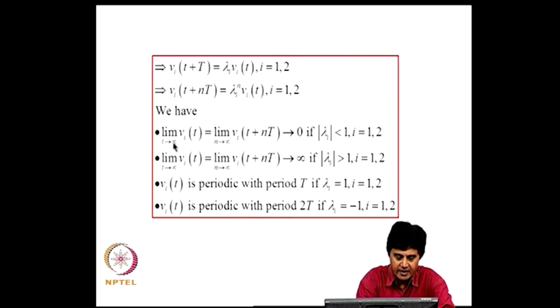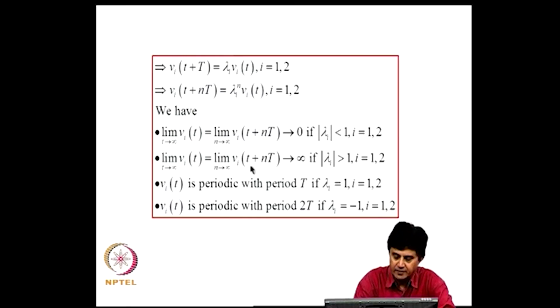So, we can see that as t tends to infinity, that means n tending to infinity, vi of t plus nT goes to 0 if modulus of lambda is less than 1, because, as in a scalar equation, this we saw in the last class, this is a condition, because every time you multiply this number it starts shrinking and goes to 0 as n tends to infinity.